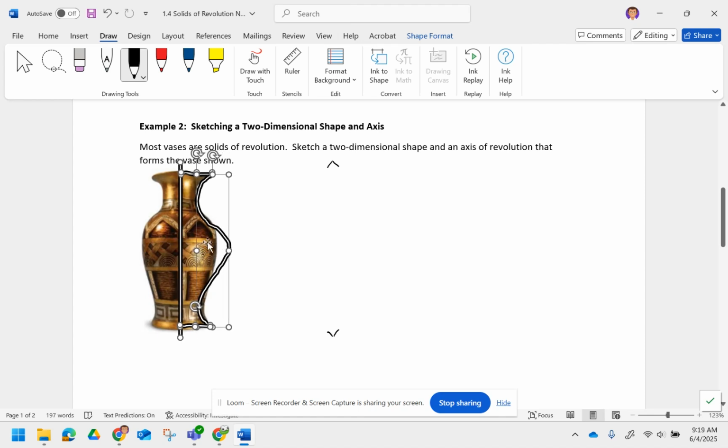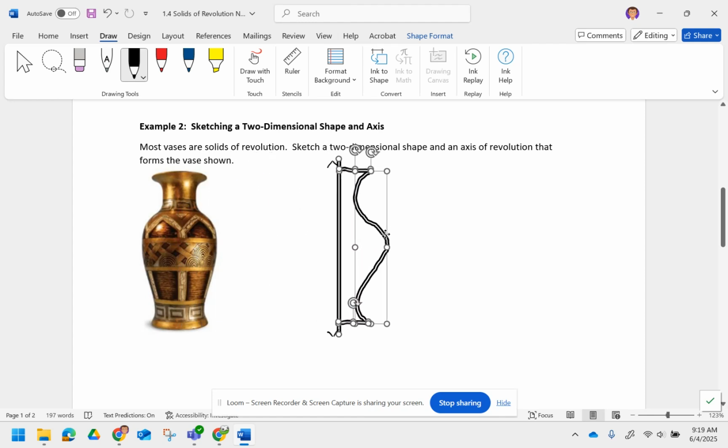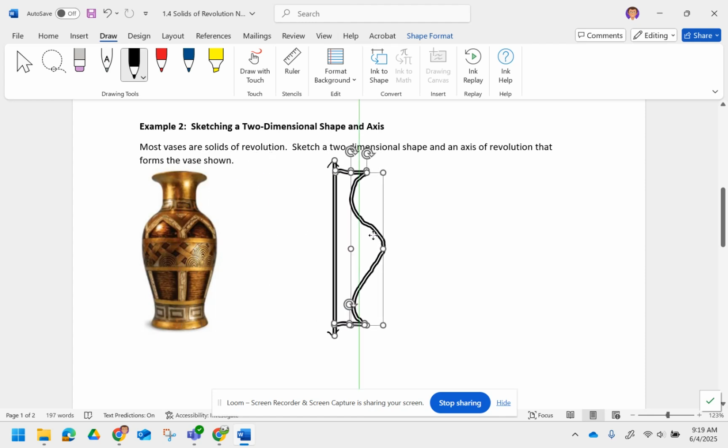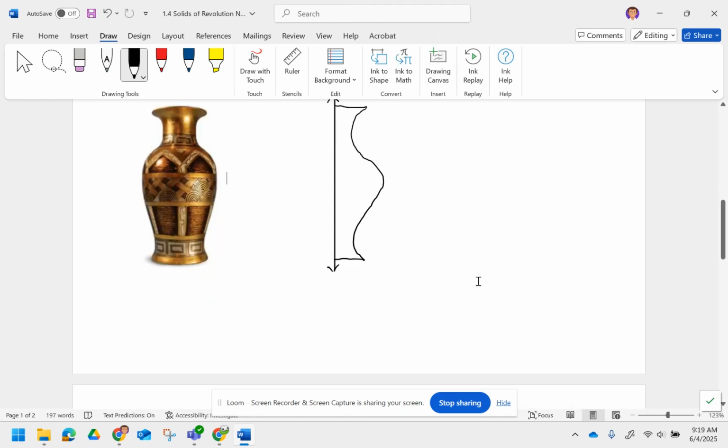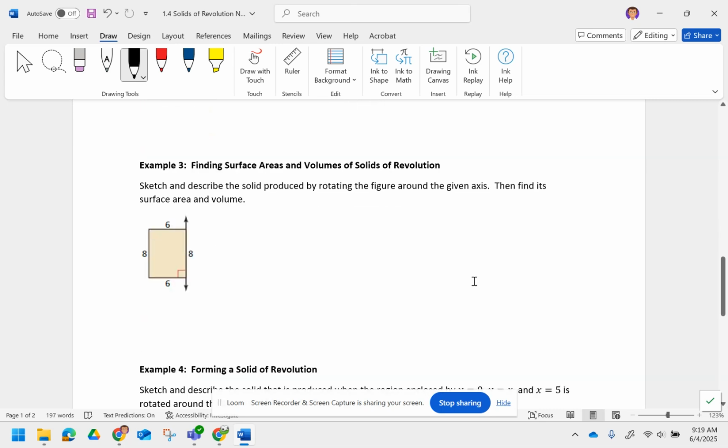Yeah, so it got kind of wide there. I was good there, though. Okay, but that's drawing a two-dimensional shape that would match. And that's essentially what you're doing with those types of problems.